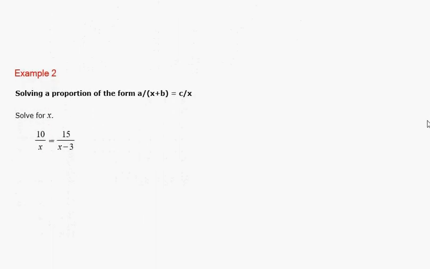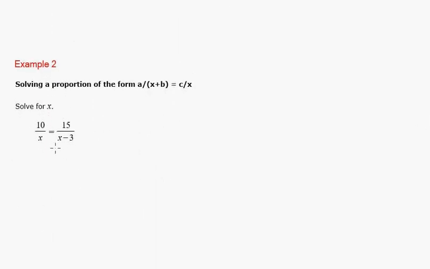So now I'm going to do one more. This one's a little bit easier, but watch what I do on this one. I'm going to try to go just a little bit faster. I'm going to multiply this side by x minus 3, and I'm going to multiply this side by x minus 3.